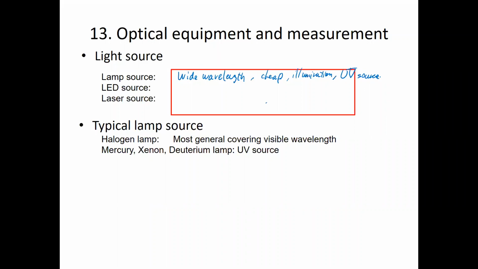And oppositely, laser light source is monochrome. So as you see in a laser pointer, you could see that single wavelength. Mostly laser pointer, you see the red color or green color, right? So the monochromatic.